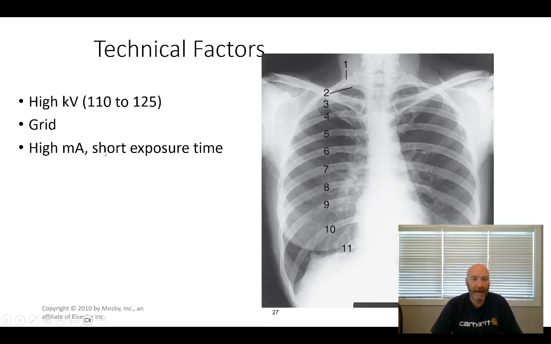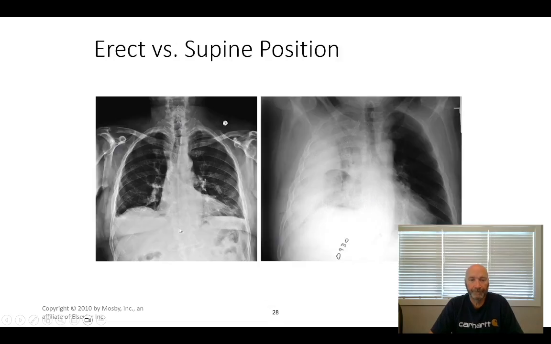But you want to use a high mA and a short exposure time so that you don't have a motion artifact. If the patient can't hold their breath well, then you may introduce a motion artifact. Also, the heart's going to be beating throughout the exposure, which could introduce a motion artifact as well.